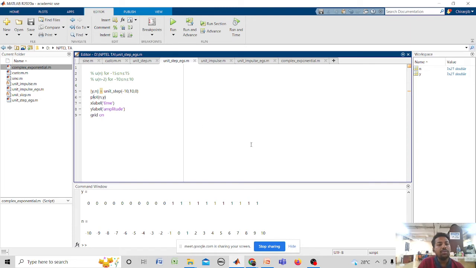Okay. Now, for example, we want to plot the value of unit step, but not the original one, but a shifted one. Okay, so this is the thing that we want.